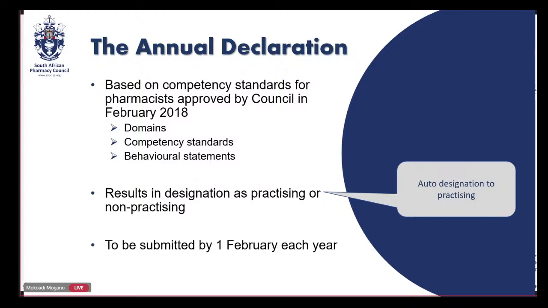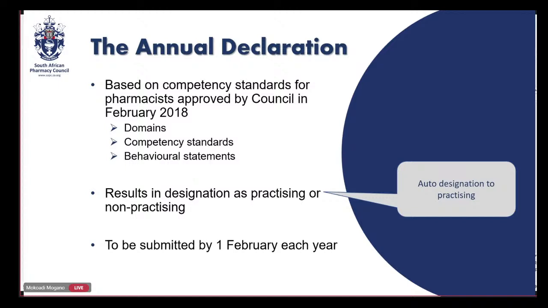A pharmacist is supposed to select the activities that they engage in every day in their daily functions. At the end of the completion of the annual declaration, a pharmacist will then be designated as practicing or non-practicing based on the selection of the activities that they perform.